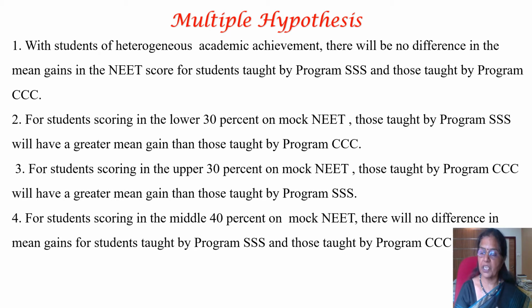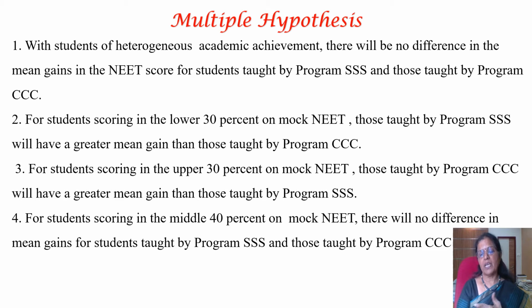Before giving them coaching, either by SSS or by CCC. Before giving them, they select the participant, they select the sample and they give them a prior test, mock NET, and assess them, and then give them the special coaching. SSS, a group of students are trained by SSS, and another group of students are given training by CCC. They are enrolled in a coaching center and they are given special coaching.